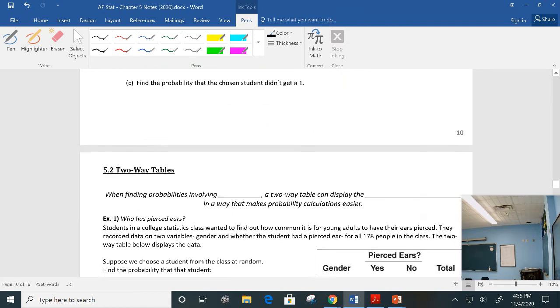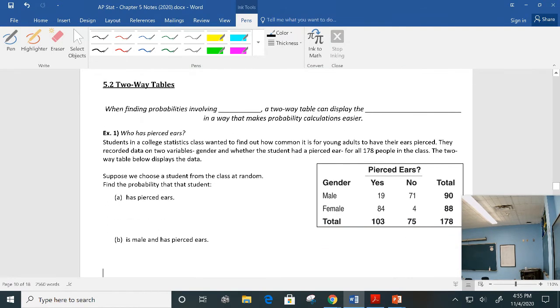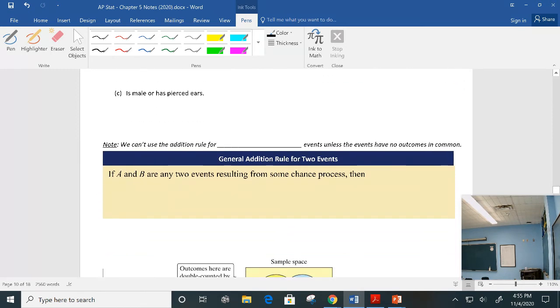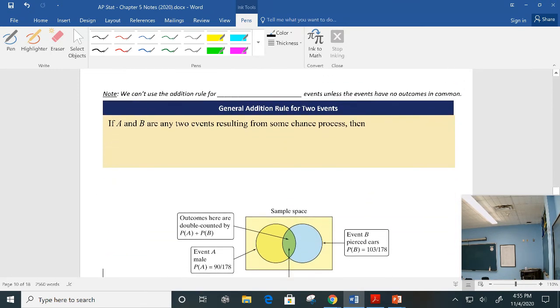Another example that we'll look at in class will lead us to the general addition rule for two events. The general addition rule is what we use when the events are not mutually exclusive.